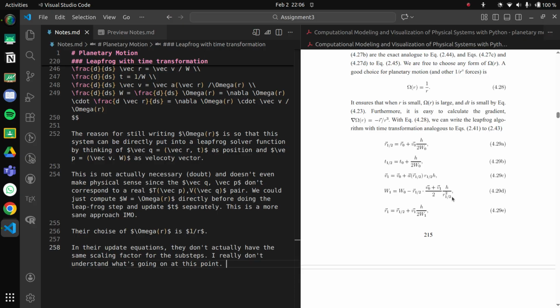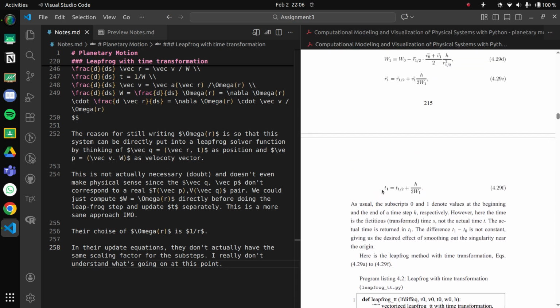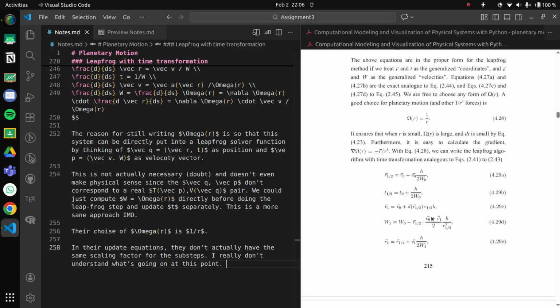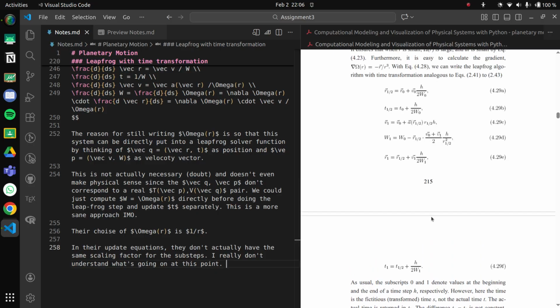Come on, let's try to think about it. So t half is that, and then t1 is just this thing, but then t half isn't really used for anything else, so that's fine, I guess.